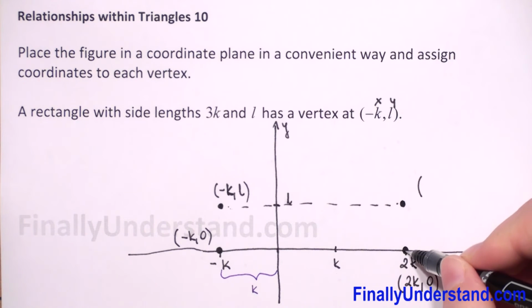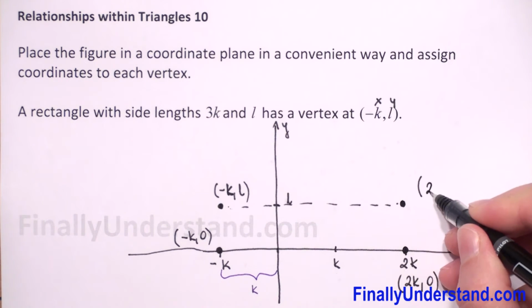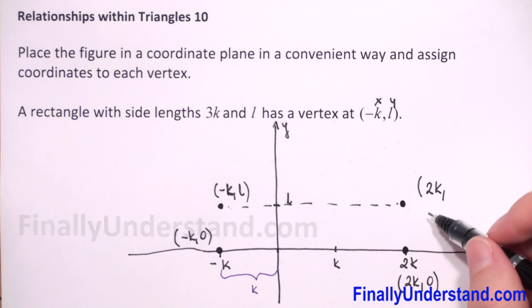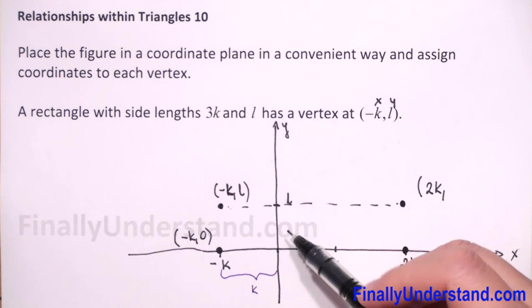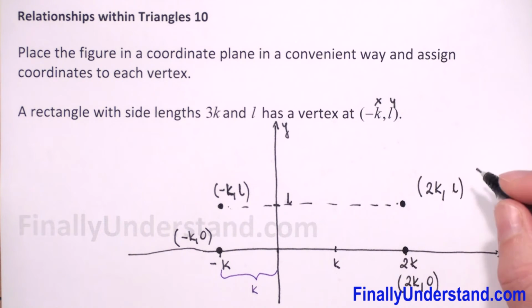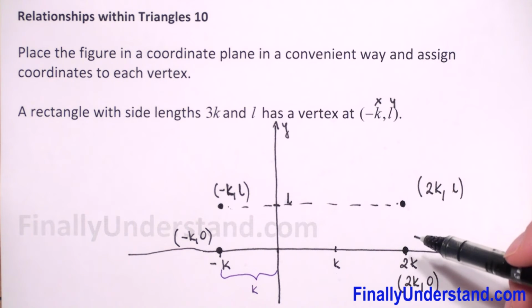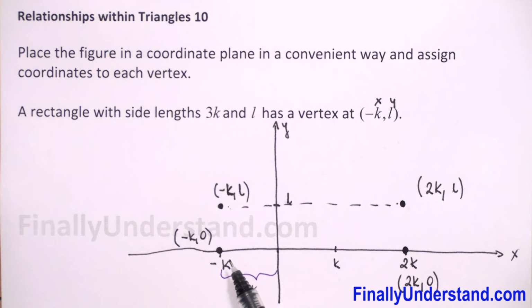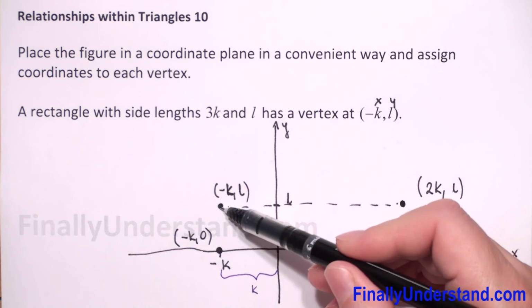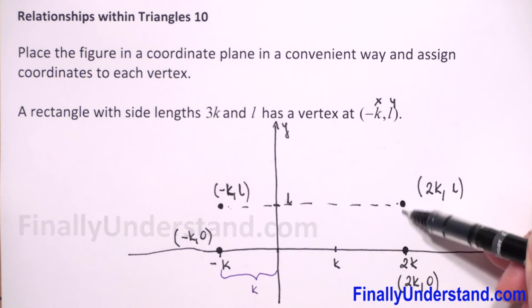x is the same as for this point, 2k, and the second coordinate must be L, because we know that the rectangle has parallel sides and the lengths of each pair are the same.